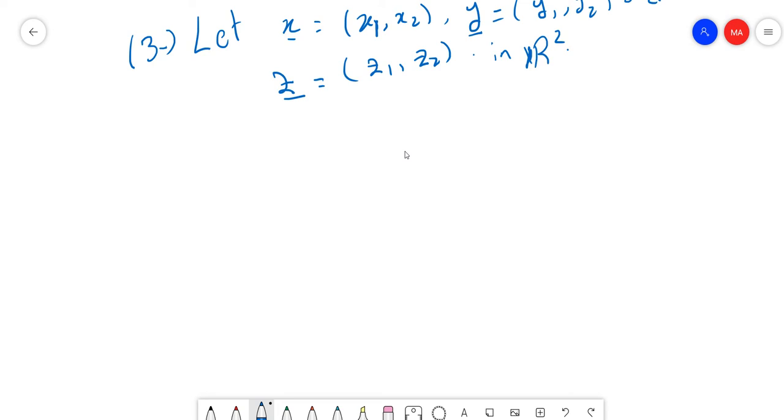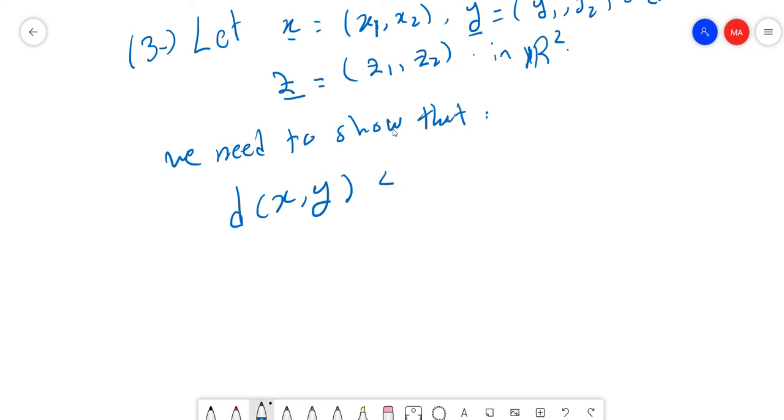We need to show that the distance between x and y is less than or equal to the distance between x and z plus the distance between z and y.